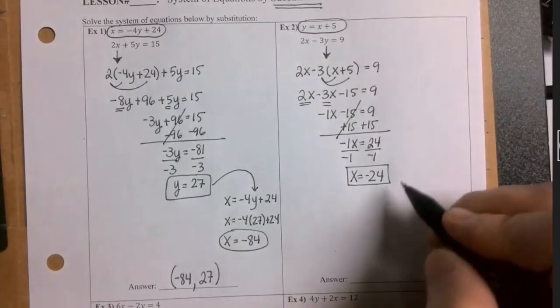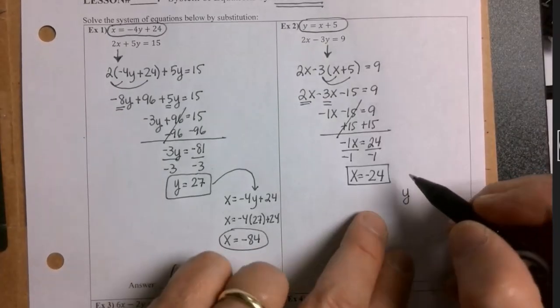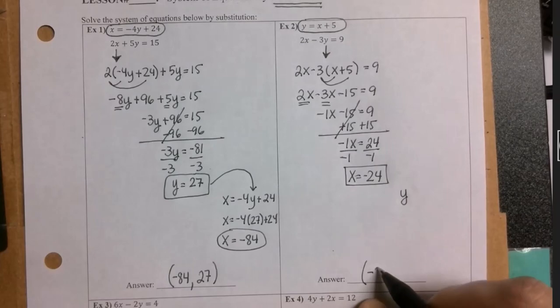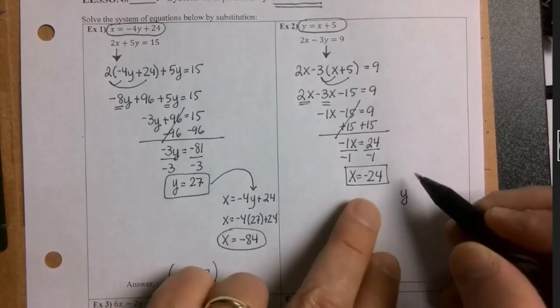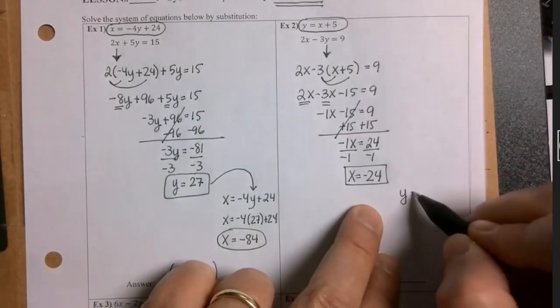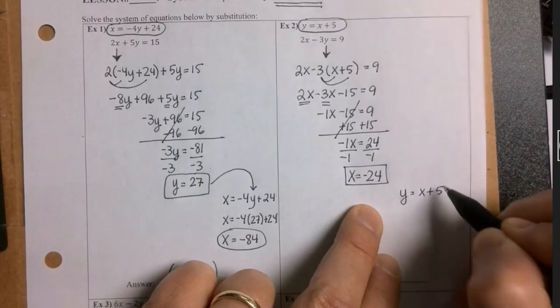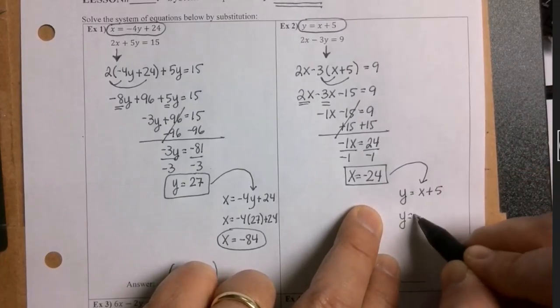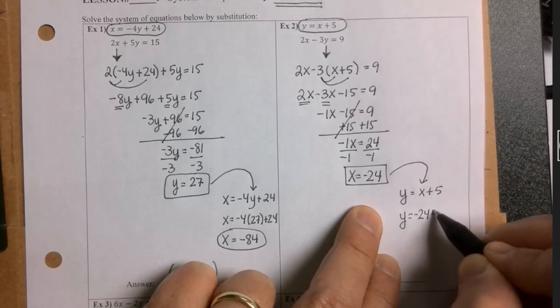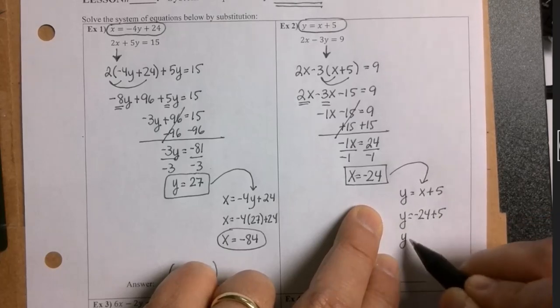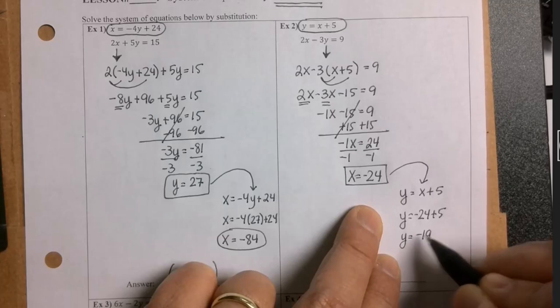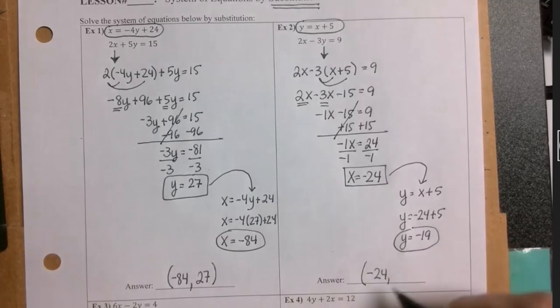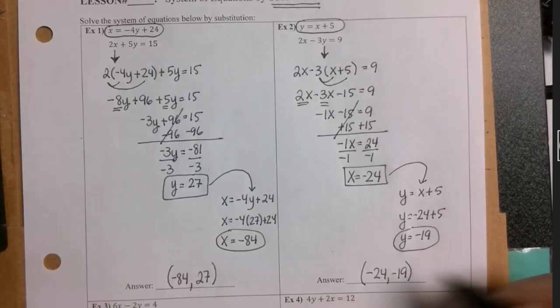Now I'm going to copy the first equation. I found the x value, and I need to find the y value, so I go back to the circle. I copy that equation and plug in the value that I found, negative 24 plus 5. So y equals negative 19.